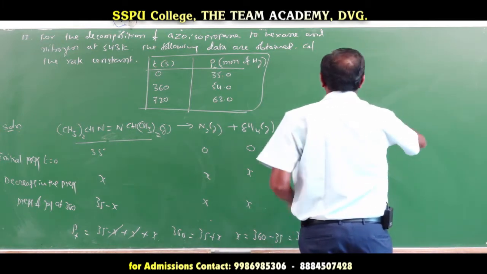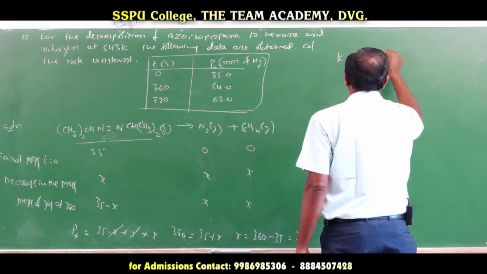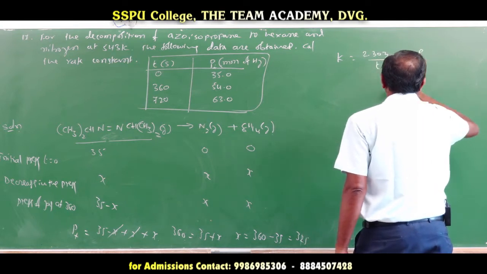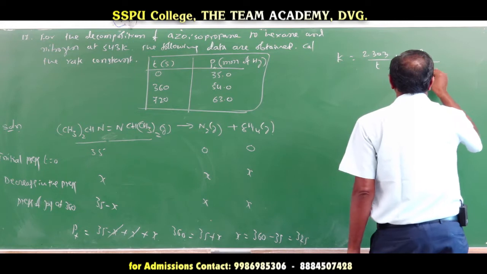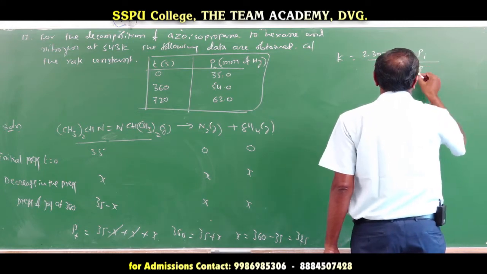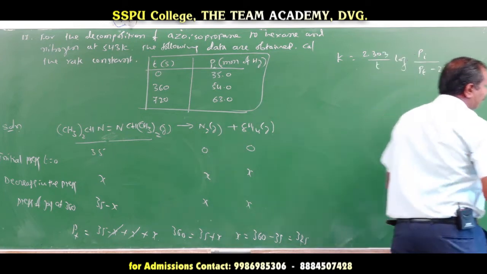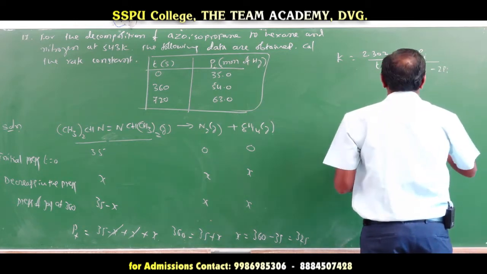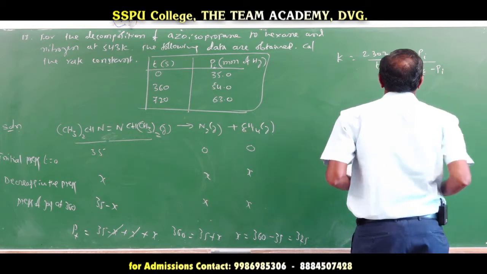So K can be calculated by 2.303 by T into log of Pi divided by 2Pi minus PT.